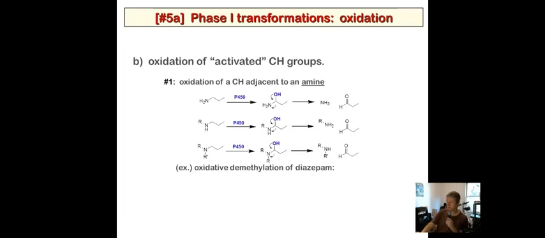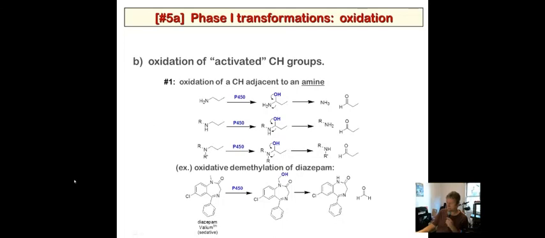As an example, diazepam, which is Valium, has a methyl group on this nitrogen. And as one of its oxidative pathways, the nitrogen methyl group gets hydroxylated to make this. And then the oxygen swings down, kicks off to make formaldehyde and the demethylated molecule. Okay.